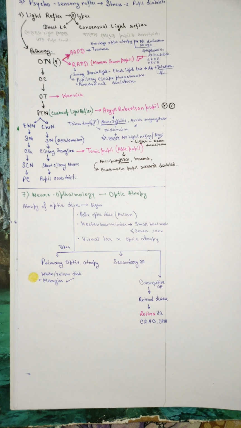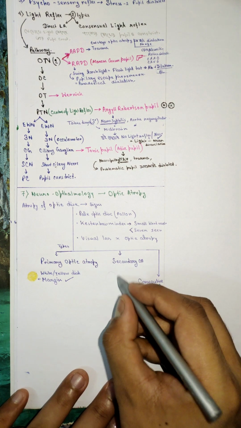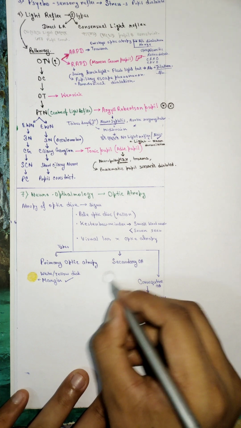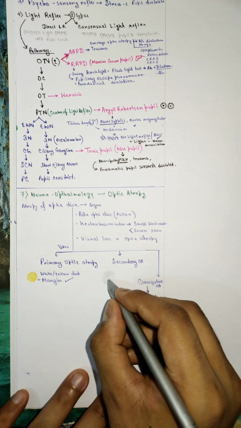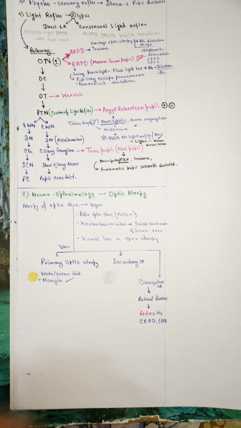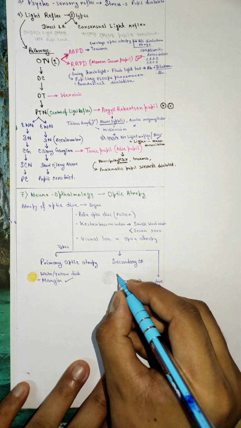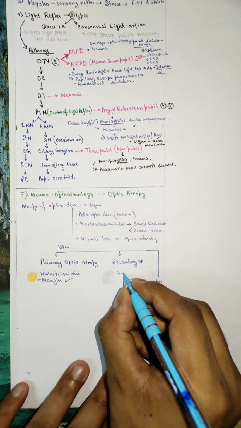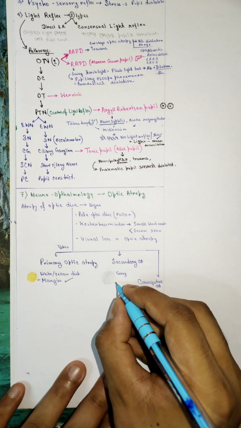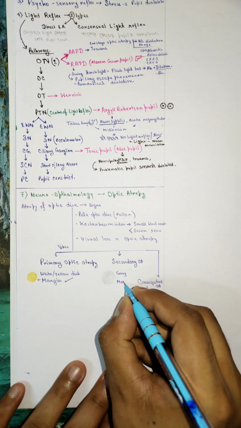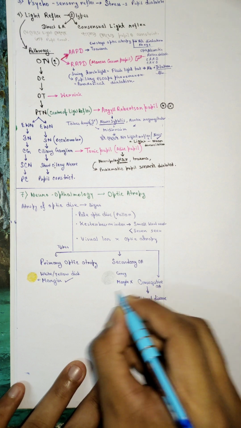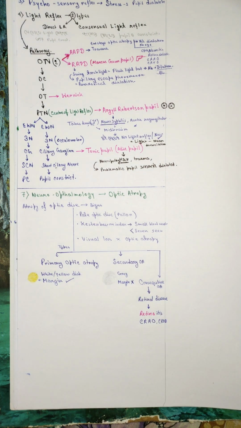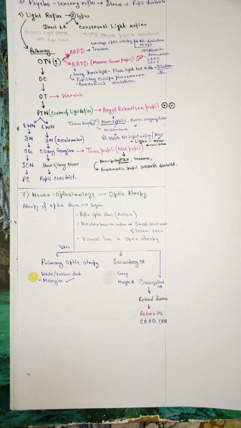Here, this is a secondary case. There is a pale grayish disc with improper margin. So the color is not proper, gray we can say. The margin is blurred.